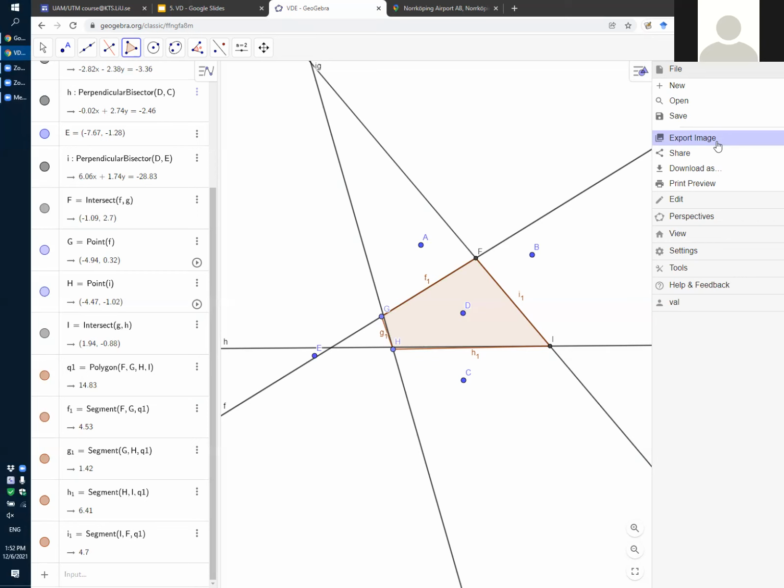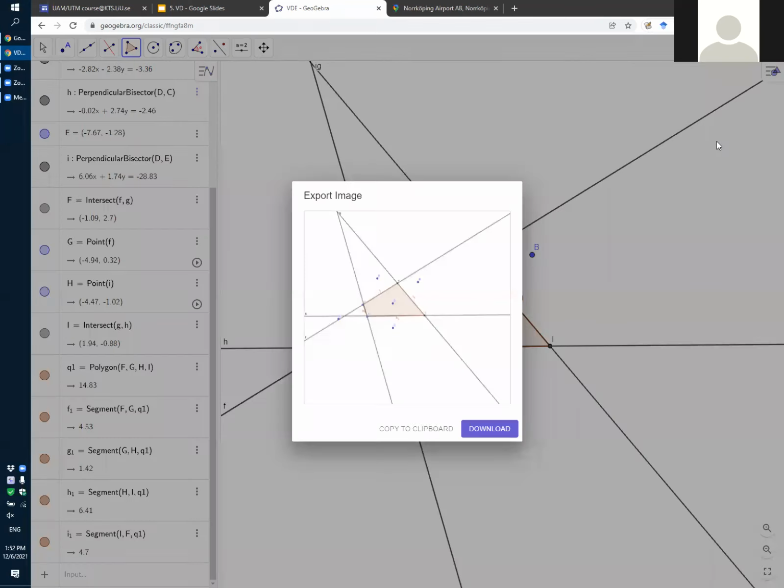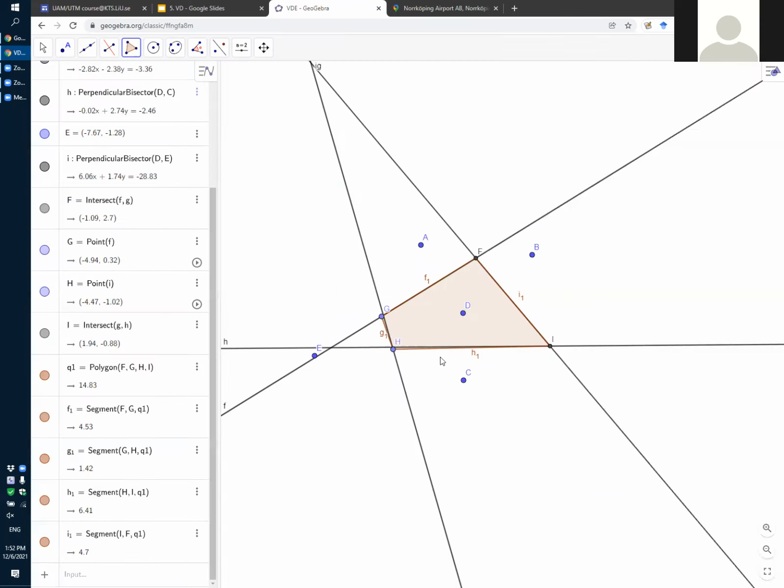So share and export. For exporting, you can just do a screenshot, but you can also download a copy to clipboard and paste it into your email with answers and so on. So there are quite a few possibilities of exporting things in GeoGebra.